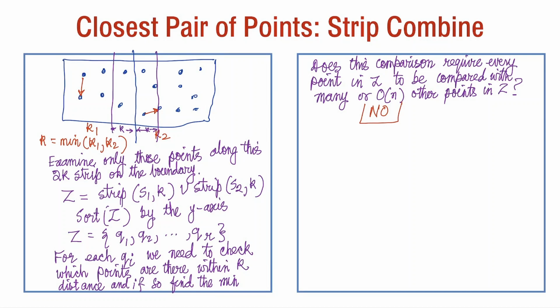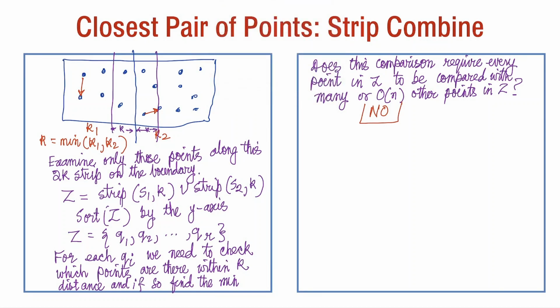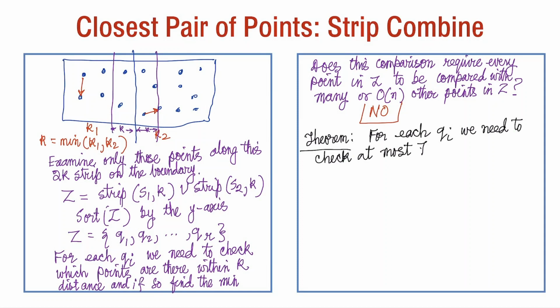So there is a very interesting theorem which we shall now put to use, and that theorem says the following. For each qi, we need to check at most 7 points.